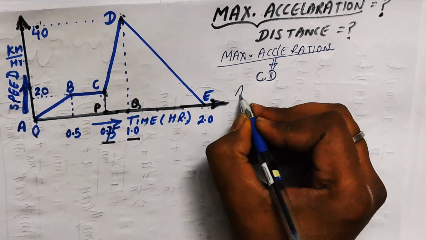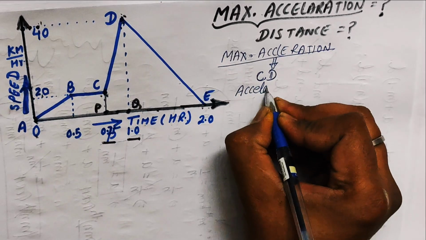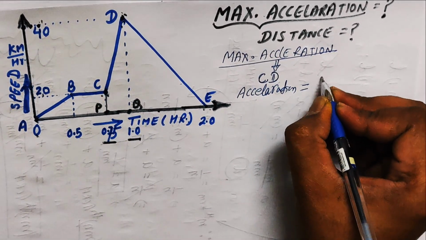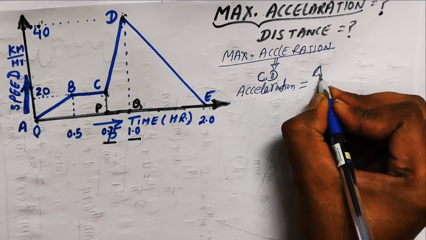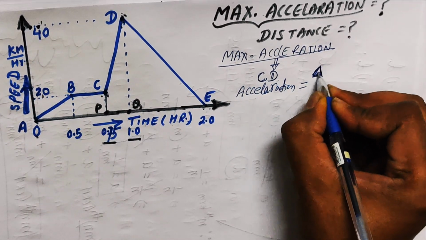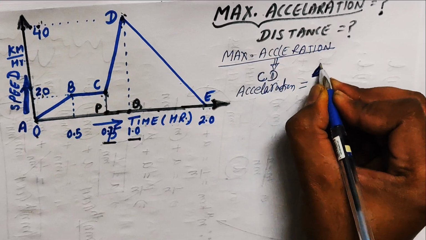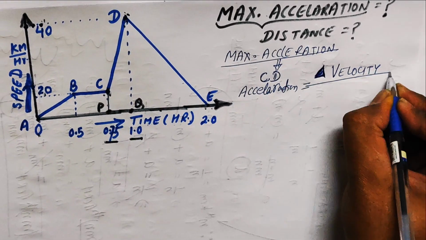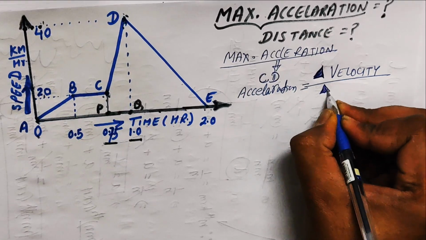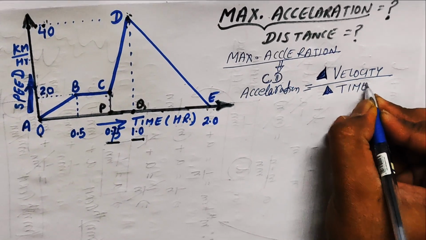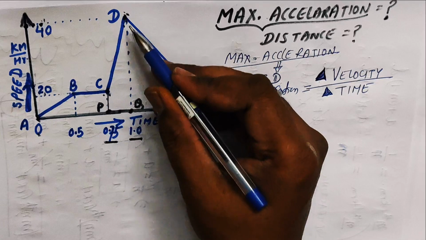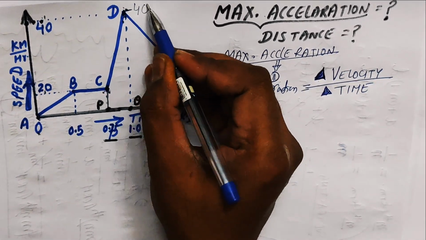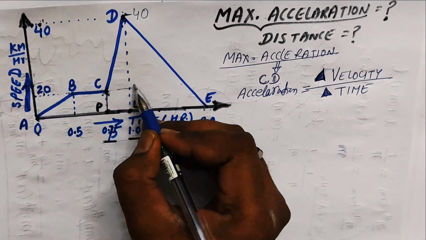And what is the formula of acceleration? Acceleration is change in velocity, delta v, by change in time. And during the CD part, what is the change in velocity? Here it attains a velocity of 40 and here it attained a velocity of 20.